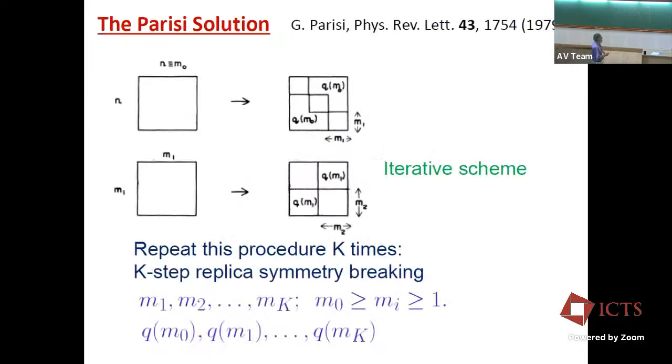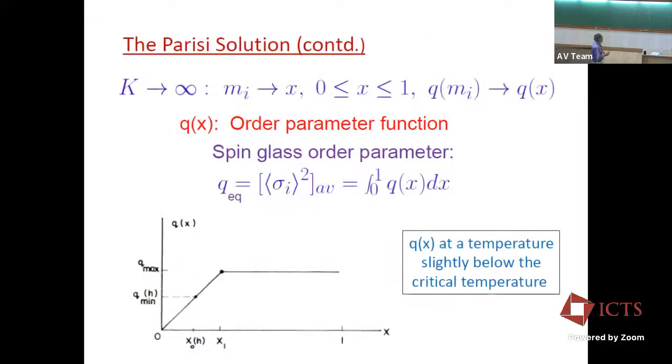This I'm not going to do today. So at this point it is just a mathematical procedure, that a particular way of breaking replica symmetry was considered by doing this blocking, and then we do this iteratively infinitely many times.